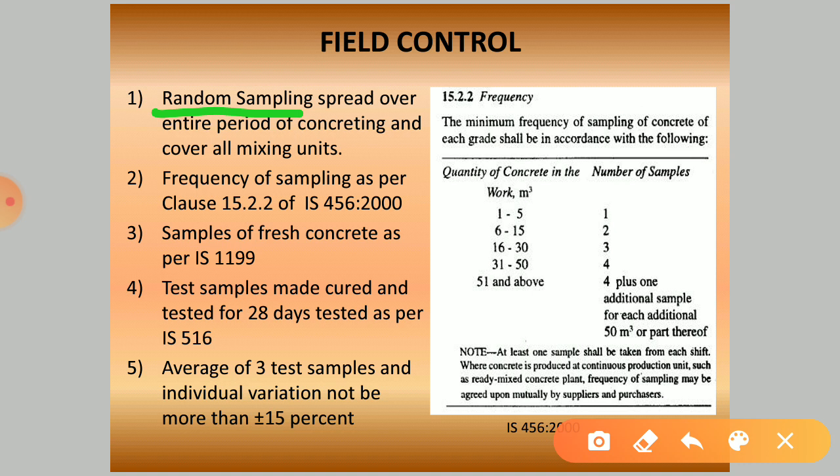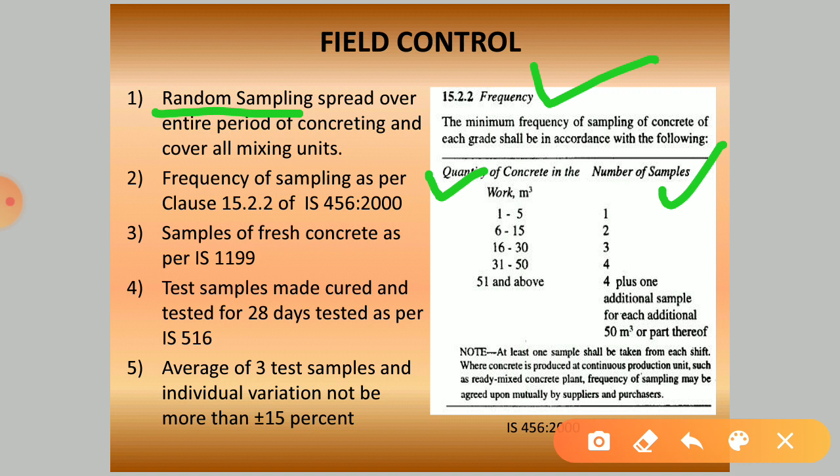Next is frequency of sampling. It is given in clause 15.2.2 of IS 456 2000, which is given in this table. Now what is given in this table? The quantity of concrete and the number of samples.